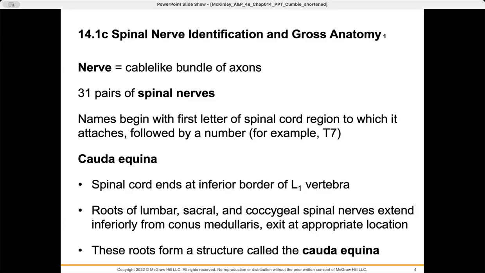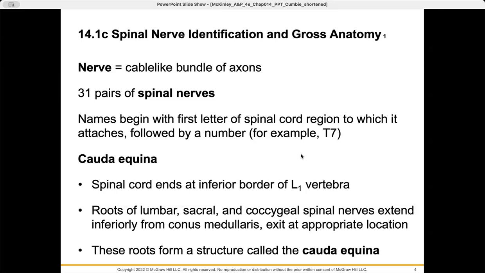And usually the grouping in the PNS is going to be those dorsal root ganglia, because we call them ganglia when they're coming off of the spinal cord. In addition, we have ganglia throughout the body, which are going to be these groups of neurons producing these axons that we see as the nerves.